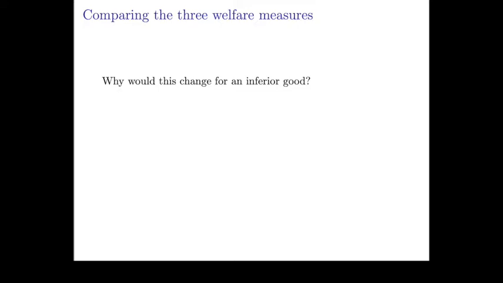Now you might wonder why this would change for inferior goods, and the answer is because for inferior goods, the uncompensated demand is actually going to be steeper than the Hicksian demand. So the uncompensated demand is steeper than the compensated demand, which is the reverse of what we see for normal goods in the picture that we just saw on the previous slide. And that's what is going to reverse the relationship between these three measures.